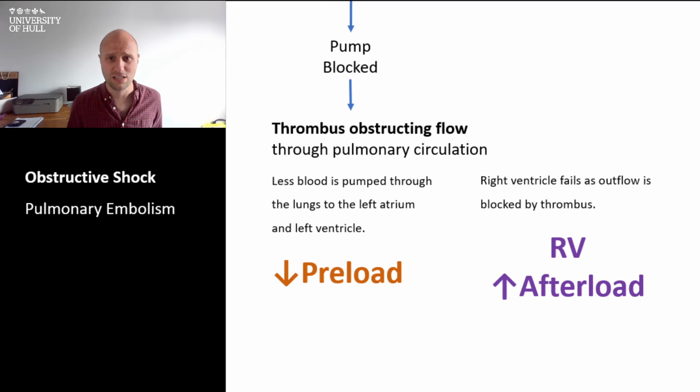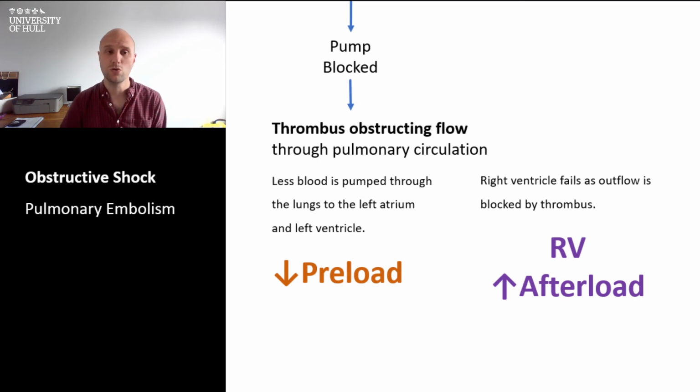And so you have two things going on at once in this sort of obstructive shock. You have a failure of blood coming back to the heart because there's this blockage and increase in pressure, and it's a very low pressure system that you have on the venous side of things. So there's less blood being pumped through the heart because there's this blockage in the pulmonary circulation. So there's less blood getting to the left side of the heart, less preload, less stroke volume, less blood pressure.